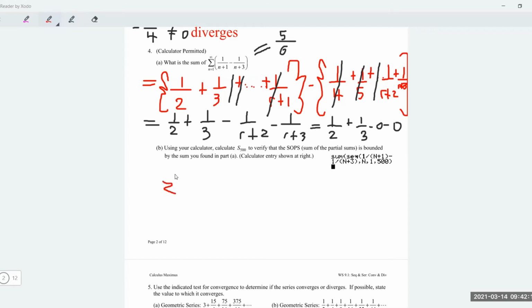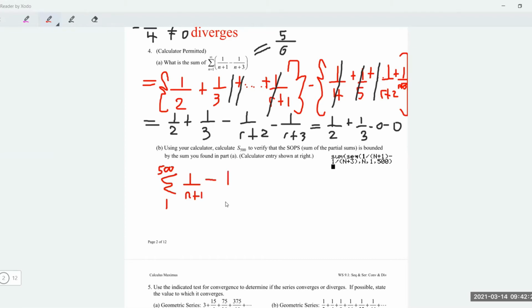So now we're going to evaluate the sum from 1 to 500 of 1 over n plus 1 minus 1 over n plus 3.